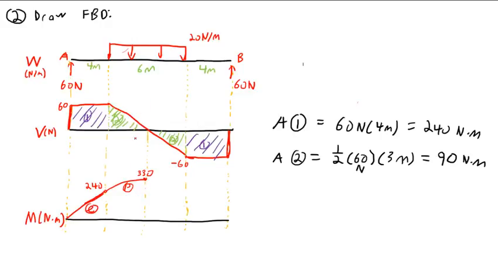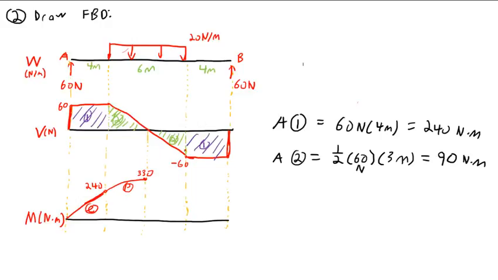See, the value of the V is actually the slope of the M. Because remember, V is the derivative of M. Shear is the derivative of moment. So what we see there is that right when the shear crosses the x-axis, when the shear is 0, the moment must have a slope of 0. Or it must have a maximum or a minimum, a local maximum or a local minimum.